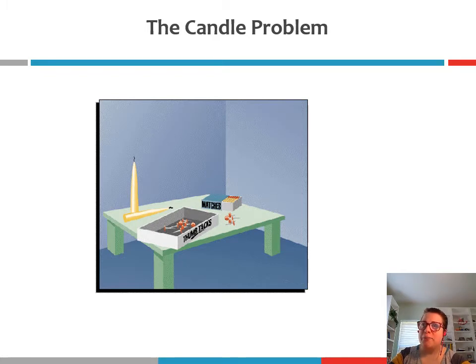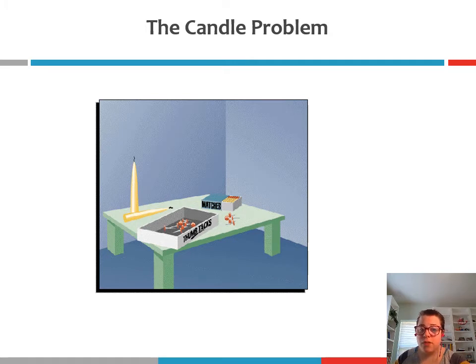And on that table there are 3 objects: a candle, a box of matches, and a box of thumbtacks. Your task is to find a way to attach the candle to the wall of the room so that it burns properly using no other objects than those on the table.